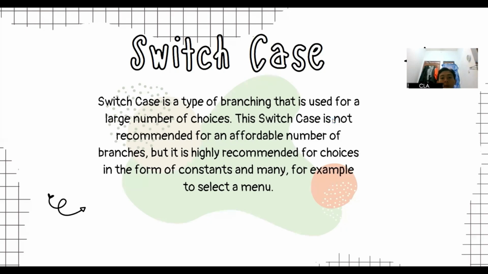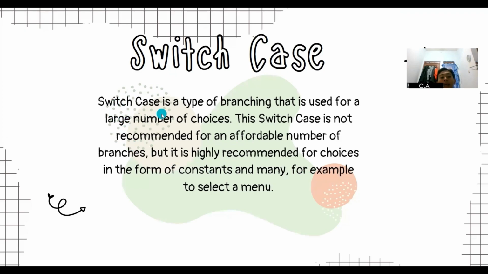I will explain to you about switch case. Switch case is a type of branching that is used for a large number of choices. This switch case is not recommended for a small number of branches, but it is highly recommended for many choices, for example, to select a menu.